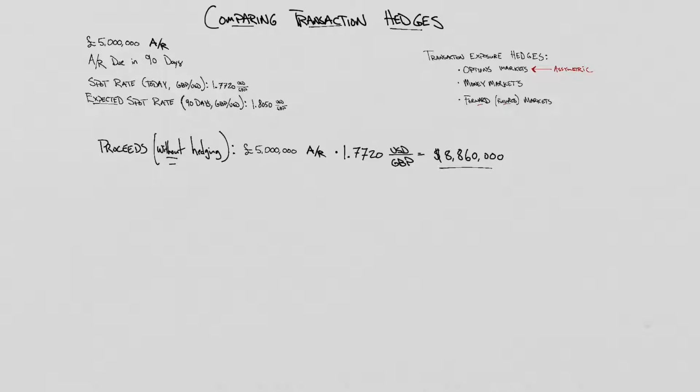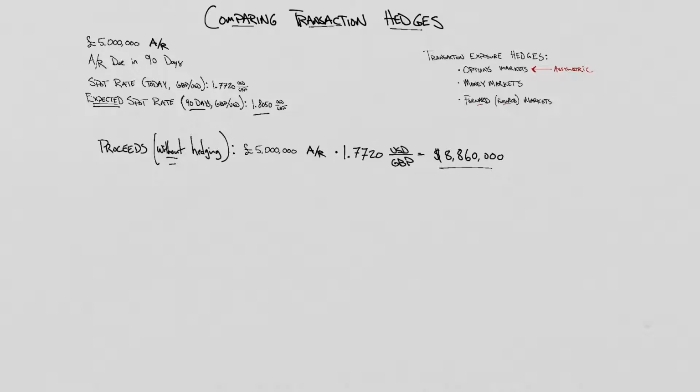But let's say instead that we had some forecast of what the USD per pound was going to be 90 days from now. And we forecasted that it was going to be 1.805 USD per pound.